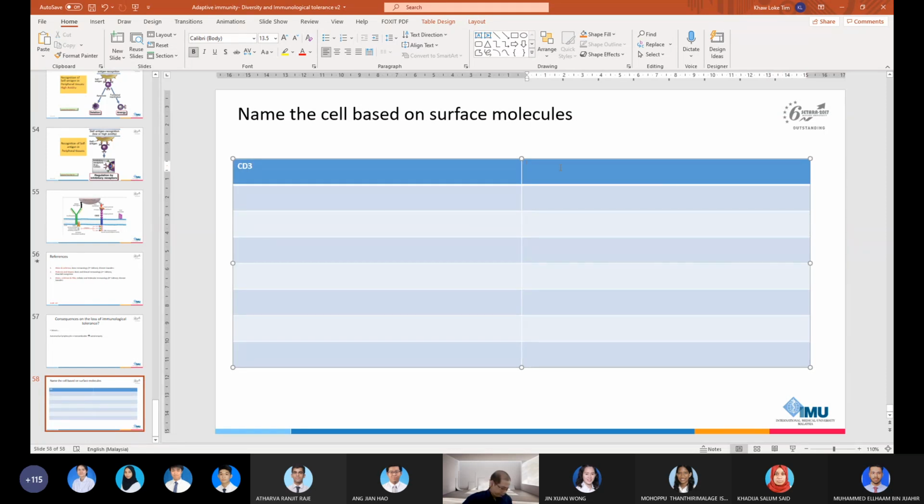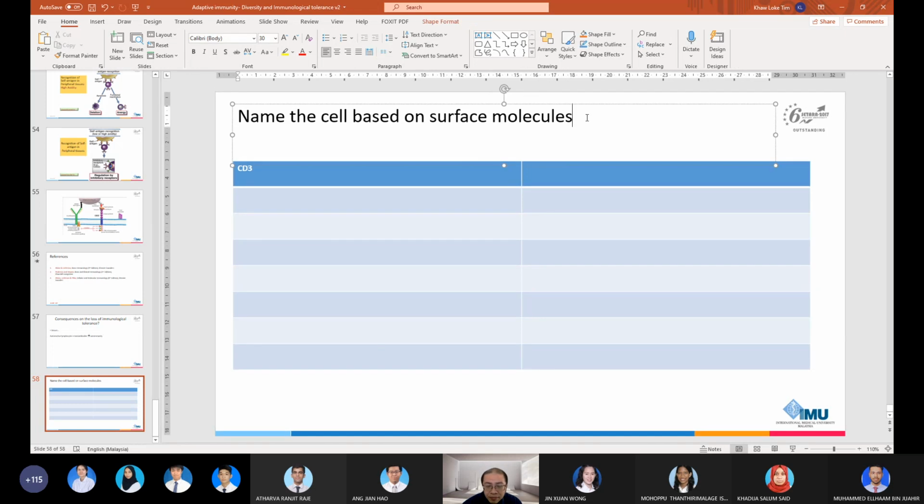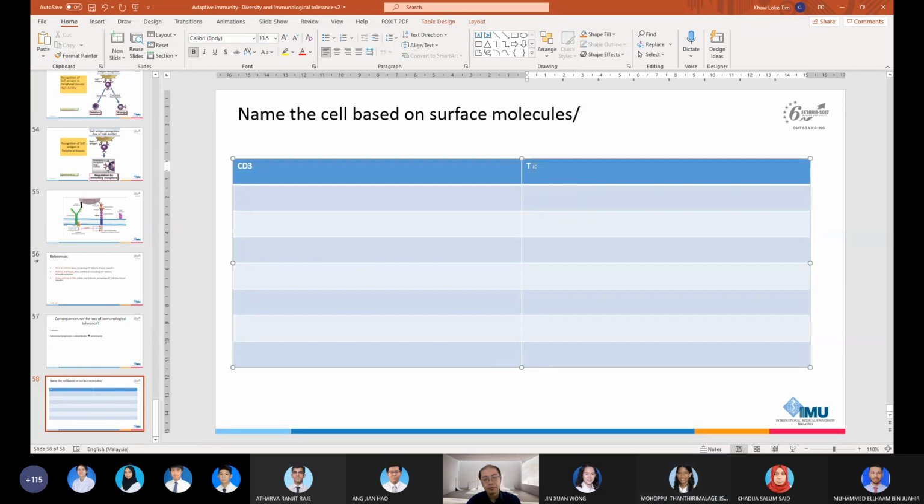Okay, CD3. T cells. Sorry? T cell. T cells, good. Specific T cells or all T cells? All T cells. Good. How about CD4? Helper T cells.